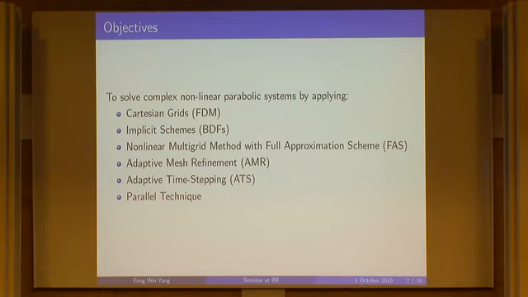But if we decide to use implicit methods, we have an algebraic system arising at each implicit time step, and we need to solve that system. The choice of the method for solving that system has a huge influence on the efficiency we gain in the end.